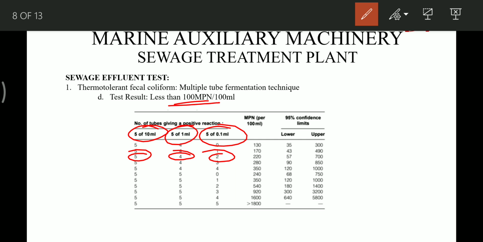Then if we draw the line, for this sample 222 will be the reading. Basically this is the limit which is required by MARPOL, but I'm just showing you how this value is calculated. Actually this table is very long, so I have just taken a short form of this table to tell you how this value is calculated.